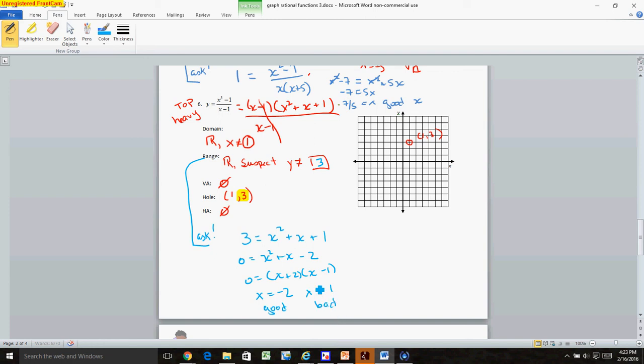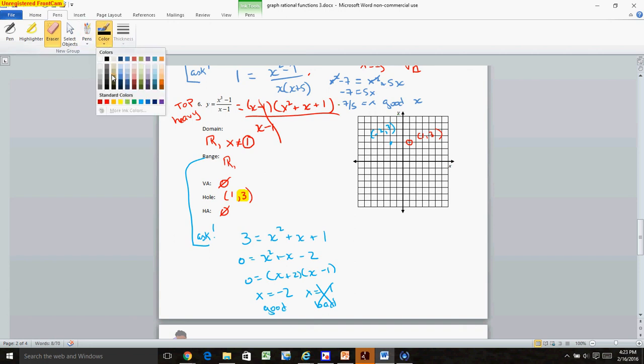So no, y will not be 3 when x is 1, because that's the hole. But when x is negative 2, I do get 3. So 3 is cleared. So I think my range is all real numbers, right?